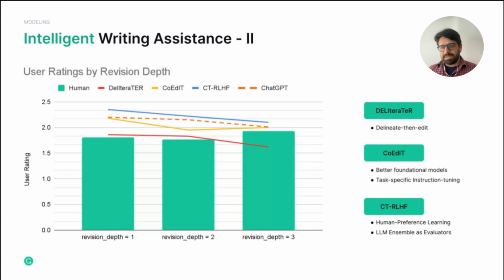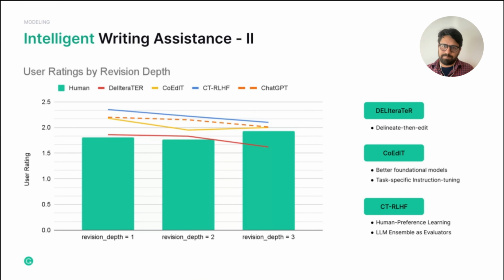However, ChatGPT scored quite close to CTRLHF, which was in turn better than automatic evaluations.